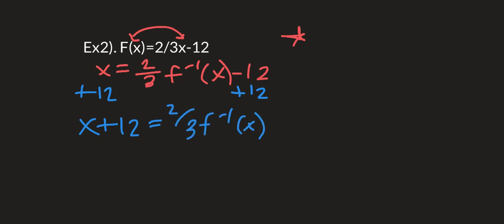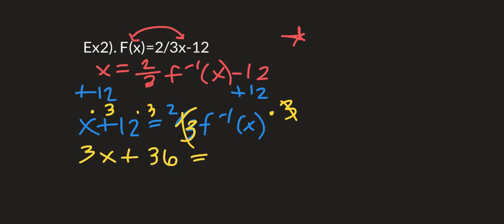And then there's a few different strategies for how to get rid of this 2/3 right here. Usually I just try to get rid of each part separately. So I'm going to get rid of the 3. To do that, I'm going to multiply everything by 3, because in a fraction, this means divide by 3. So if I multiply by 3, it'll cancel. So that's going to leave me with 3x plus 36 equals 2 times the inverse.